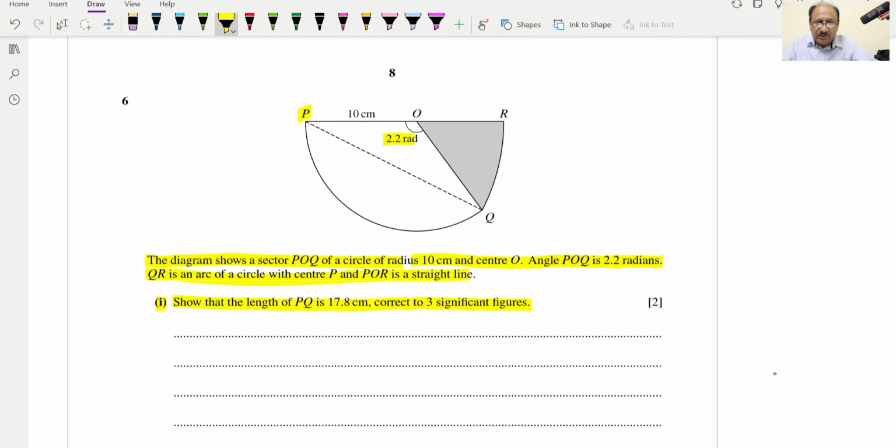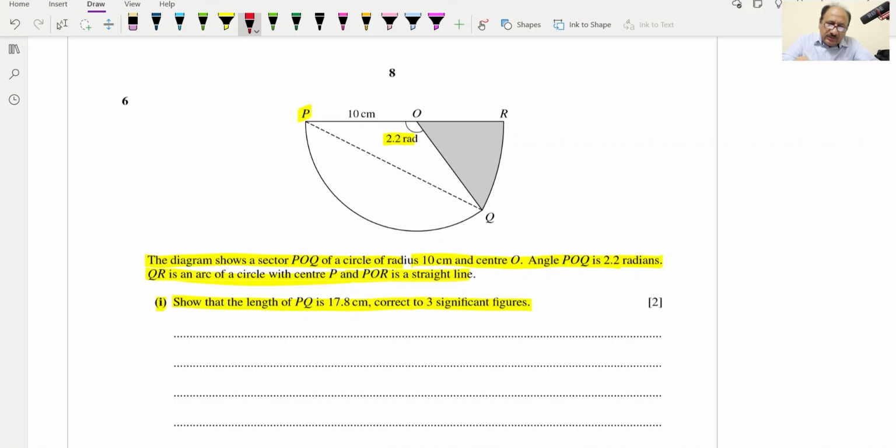Now our first task is to show that the length of PQ is 17.8 centimeters, and to check this, how will we do this? We can find PQ by the cosine rule.